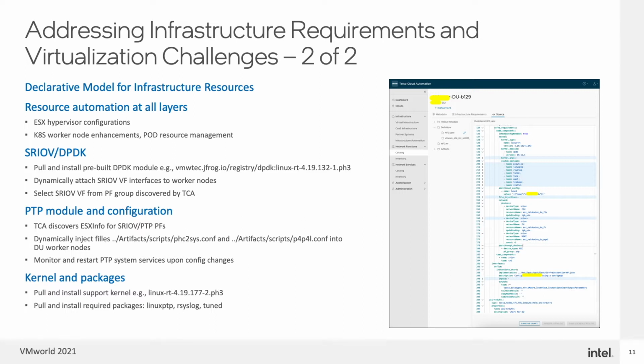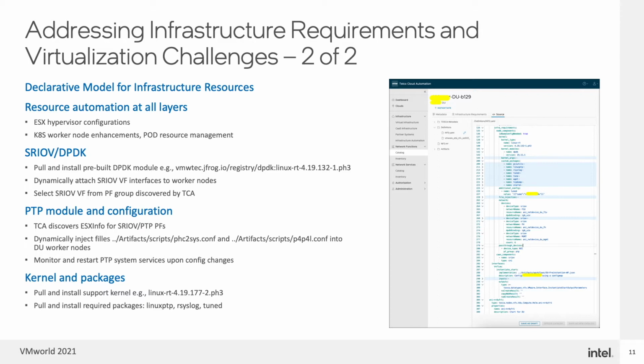CSAR is an ETSI term, where they can say, okay, here is my Helm chart, and other than what I need to do during instantiation or termination or scale and upgrade, here are some additional infrastructure requirements that one needs to also satisfy. These would include the kernel versions, the preempt RT patch, and if you want to insert additional tuned or tuna packages, PCI utils, a specific configuration for tuned, and so on.